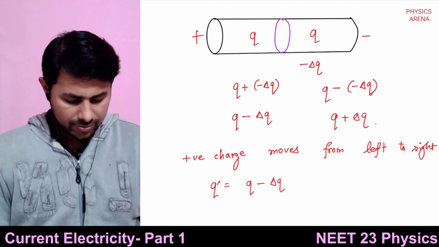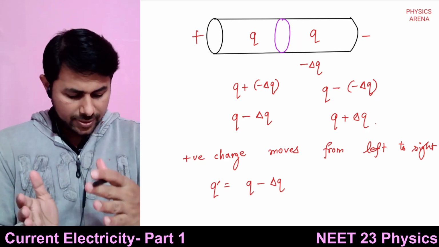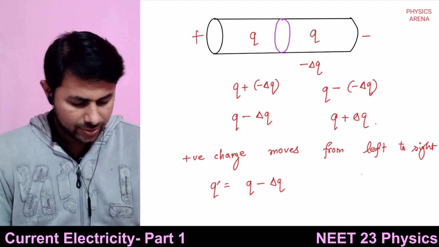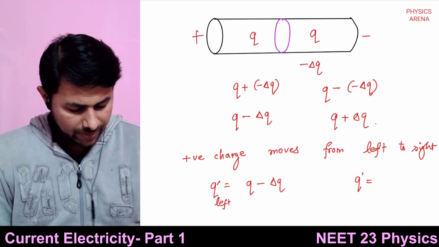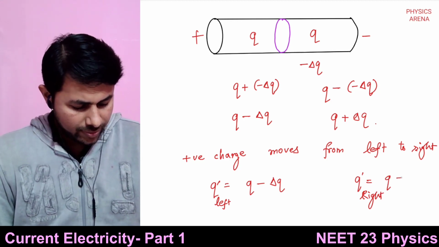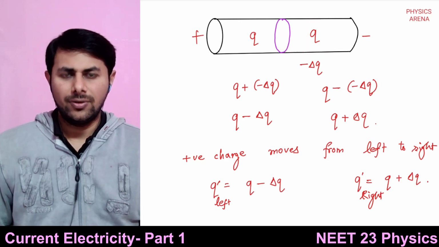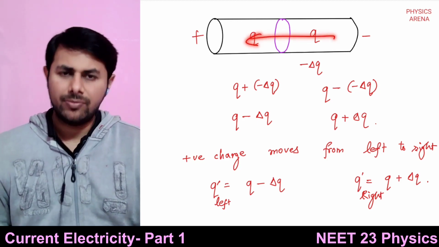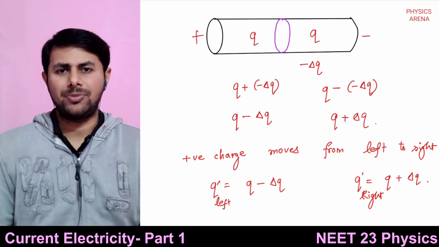Q minus delta Q, because charge on this region will decrease, and that positive charge, plus delta Q, will move to the other side. So let's suppose this is Q dash left, this is Q dash right. On the other side it will be Q plus delta Q, because this region will gain some positive charge. So this is equivalent in the definition of current. Negative charge moving from right to left means that positive charge is moving from left to right.